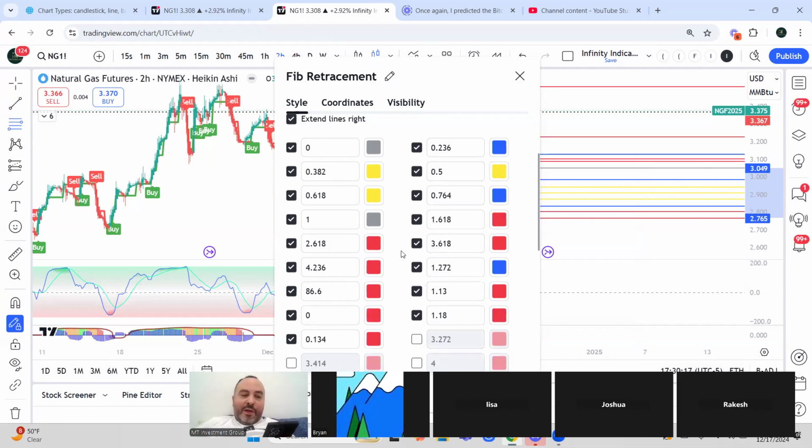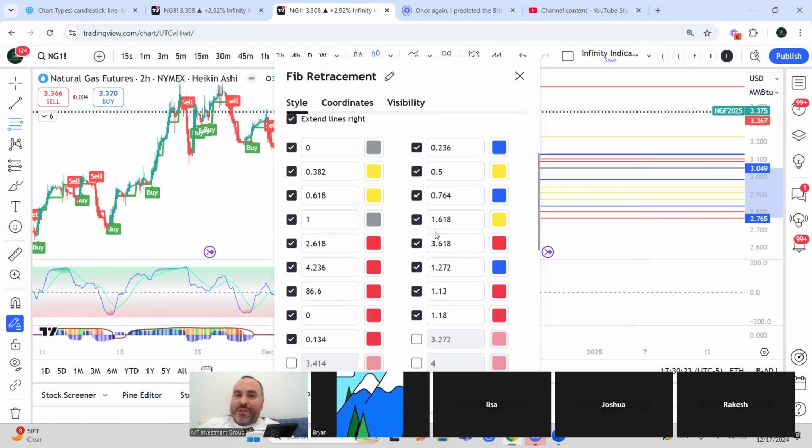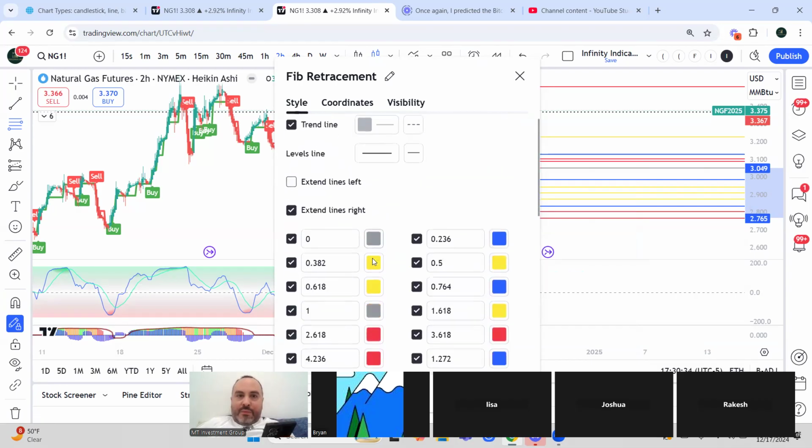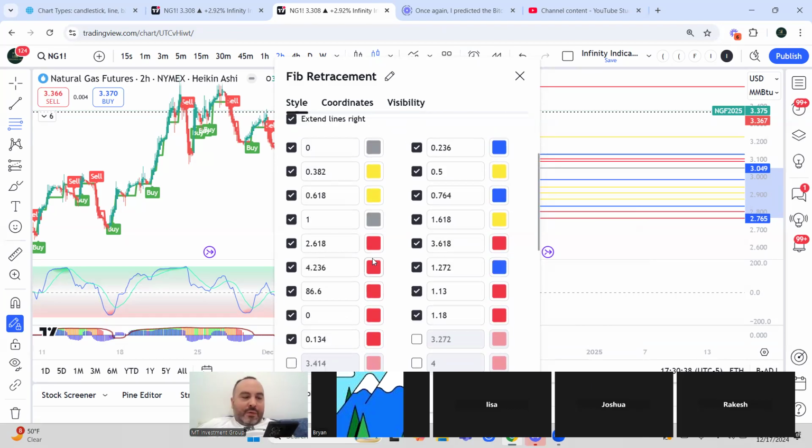Okay. And then where are we going to be shooting for after we hit that? We're going to be shooting for the 161.8. It's also going to be gold. Okay. Sorry, I'm just looking here.